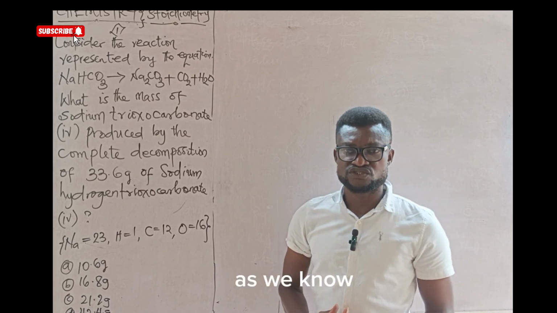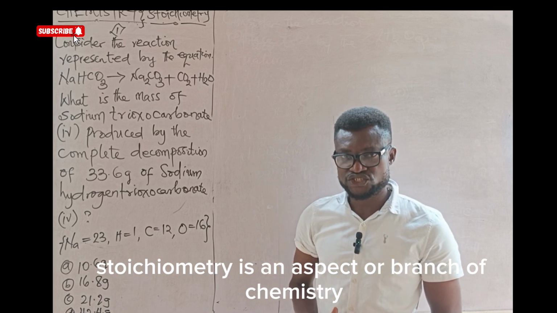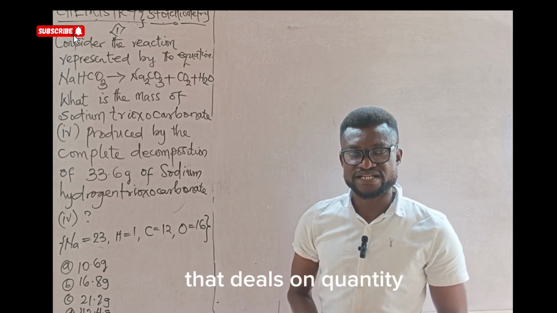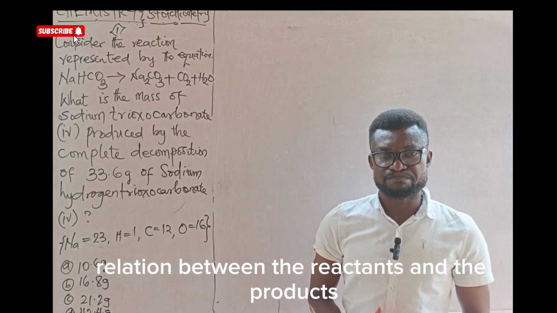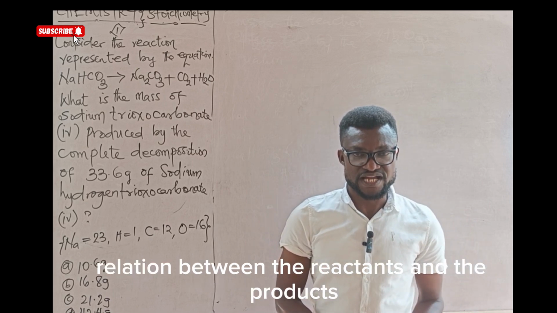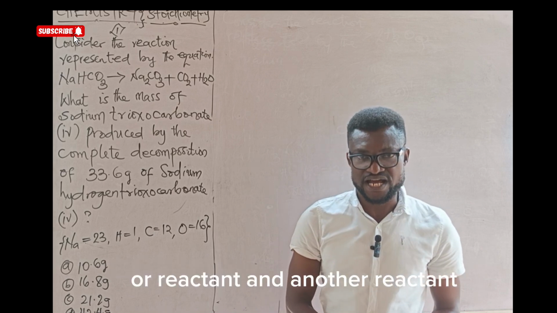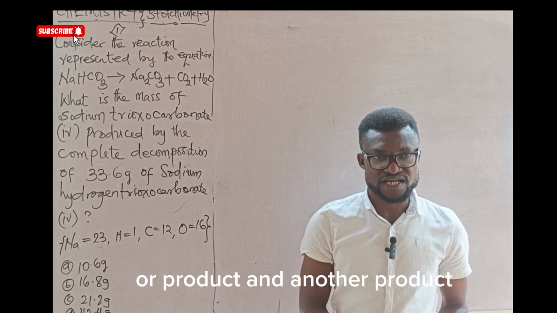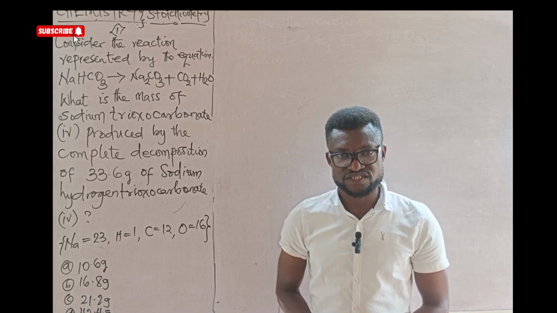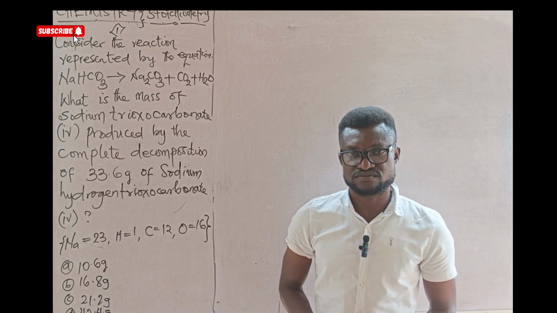As we know, stoichiometry is an aspect or branch of chemistry that deals with the quantity relation between the reactant and the product, or reactant and another reactant, or product and another product in a balanced chemical equation.